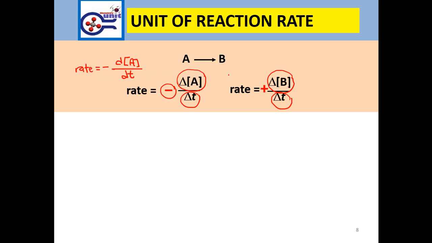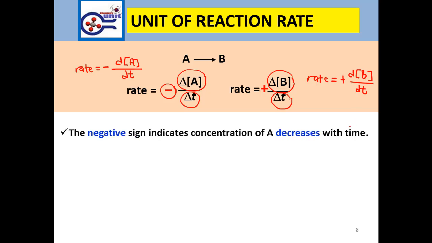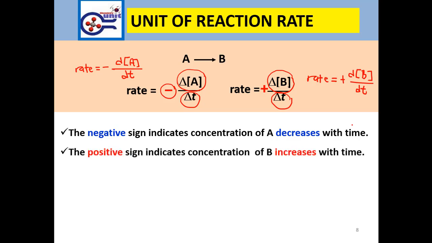Dan untuk produk pula, concentration dia akan bertambah. So we will write the rate of reaction as increase in concentration of B, dB over dt. So negative sign tu indicates concentration A akan berkurang over time, dan positive sign pula shows that the concentration of our product, which is B in this case, will increase with time.